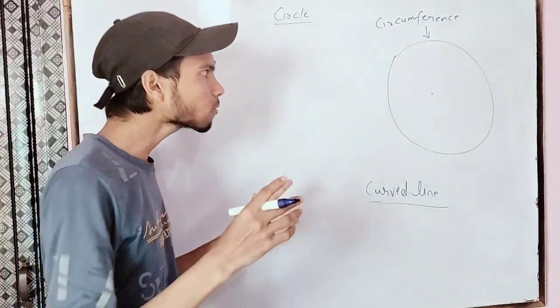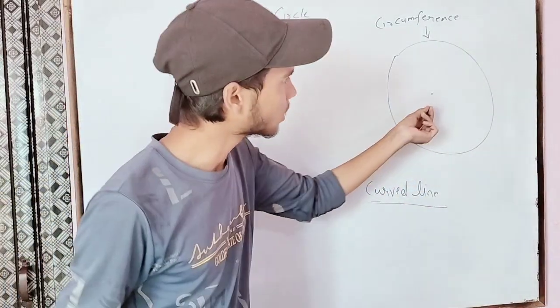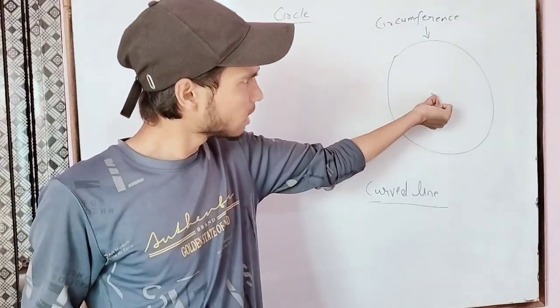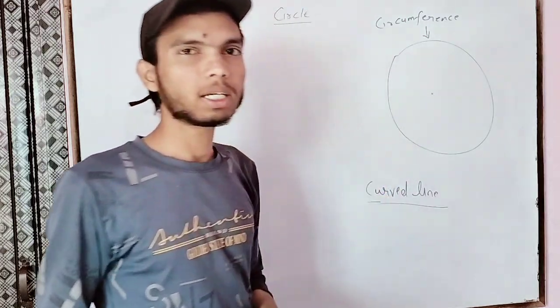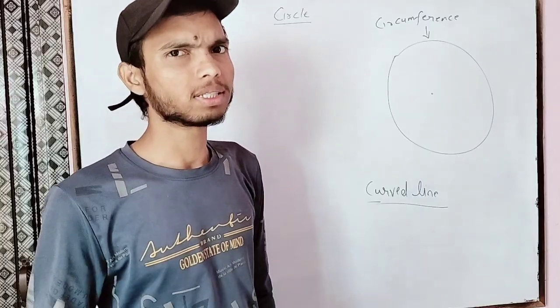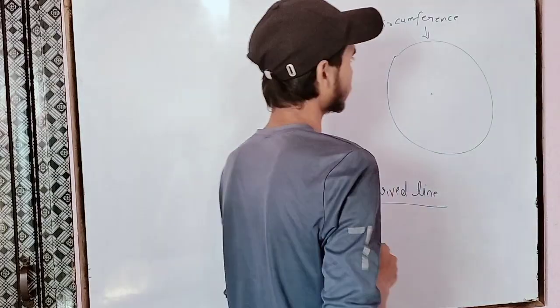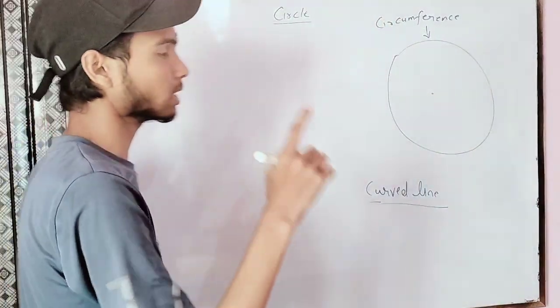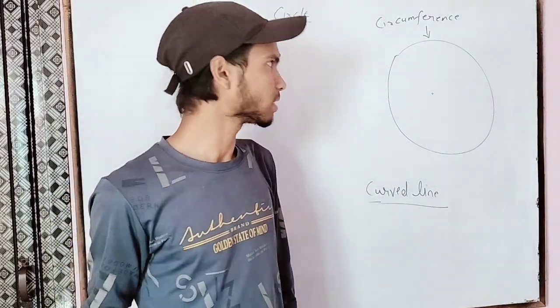Now we are taking a point located at the middle of the circle. It will be known as the origin. Otherwise, you can say center. This point is the origin, or the center.